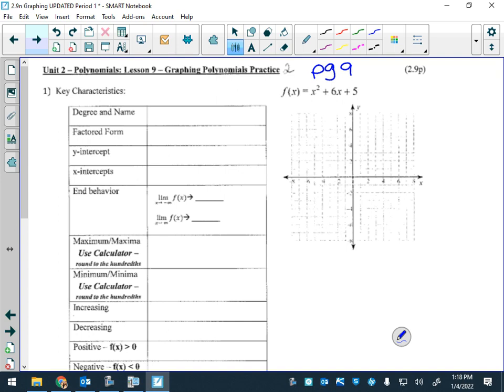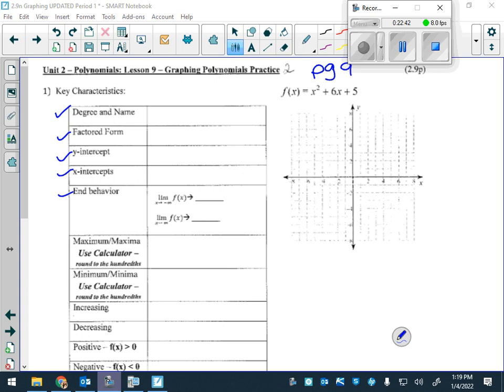Okay, so right now, you already know, and you know a lot more, but just for now, I want you to find, using our equation, x squared plus 6x plus 5, the degree and the name, factored form, y-intercept, x-intercepts, and your end behavior, based off of this equation, okay? We are then going to use our calculators for the rest, right? Go ahead, try those 5.